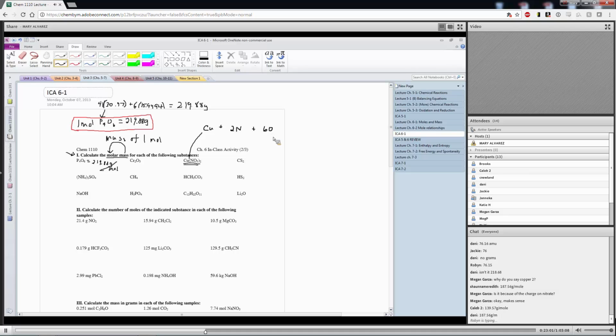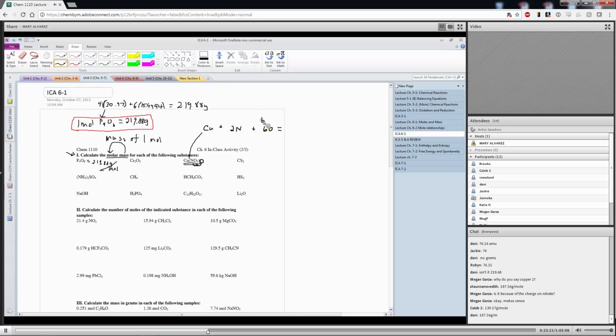Denny's agreeing with Shauna Meredith. Make sure that when you've got a subscript here outside of parentheses that you're multiplying it through, right? So copper plus 2 nitrogens plus 6 oxygens.